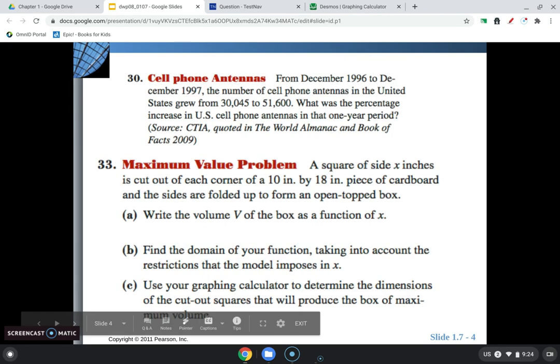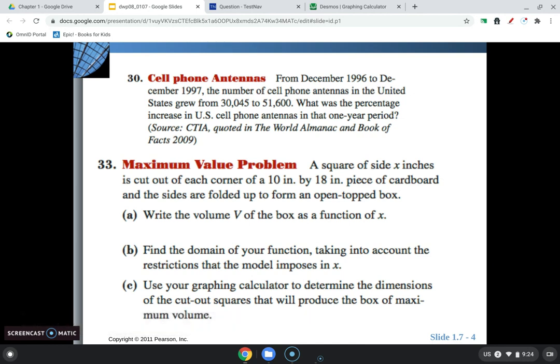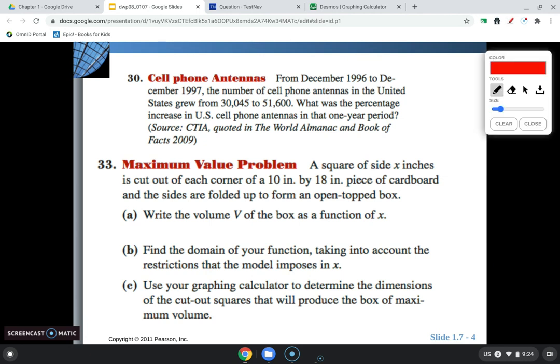All right. Cell phones. From 96 to 97, the number of cell phone antennas in the U.S. grew from 30,000 to change to 51,000 and change. What percentage increase would be in that one period? Well, to do a percentage increase, we take the change divided by the original.